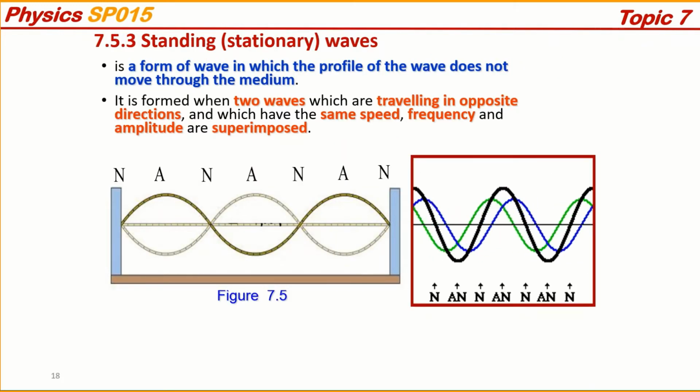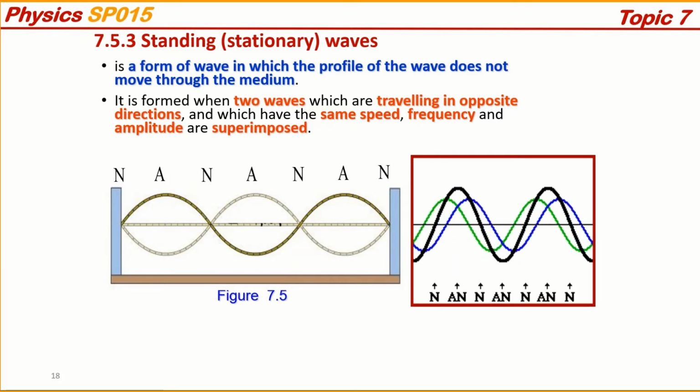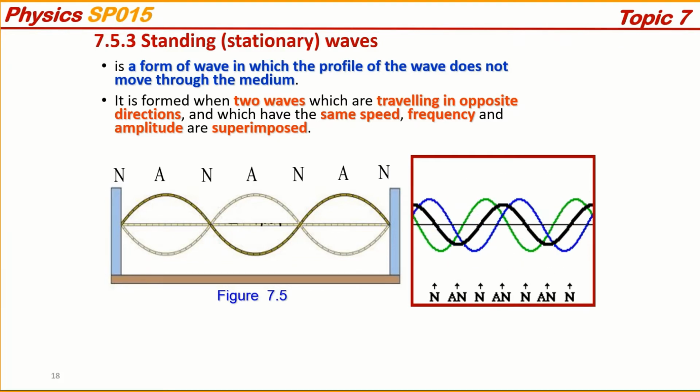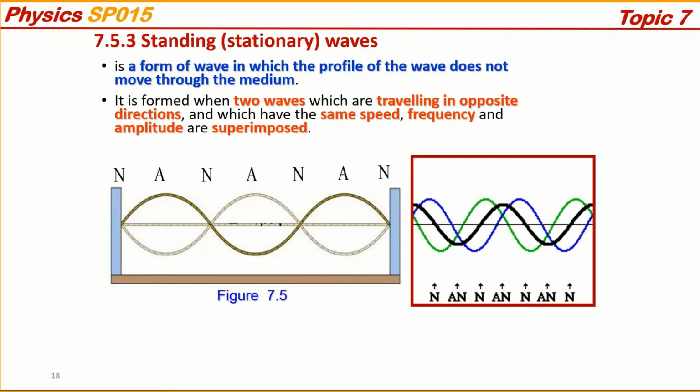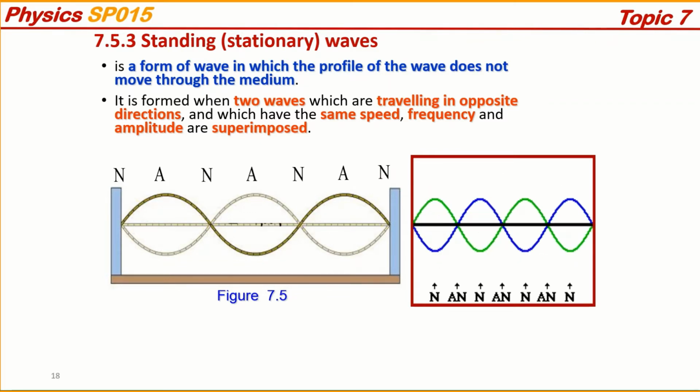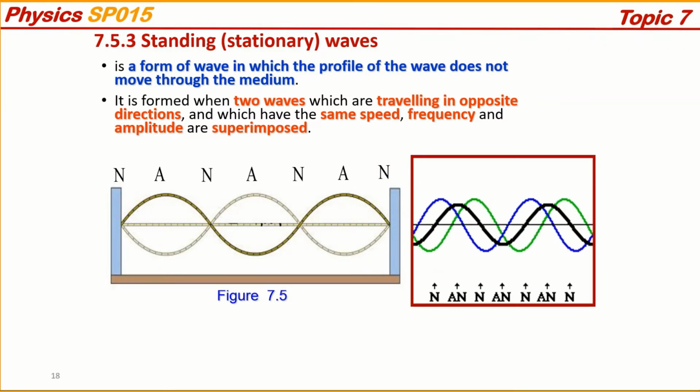Standing or stationary wave is a form of wave in which the profile of the wave does not move through the medium. It is formed when two waves traveling in opposite directions, which have the same speed, frequency, and amplitude, are superimposed. As in figure 7.5.